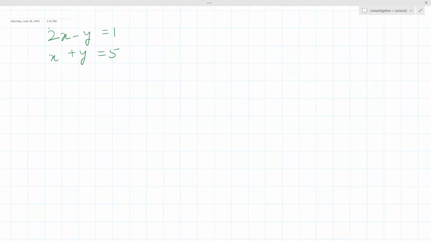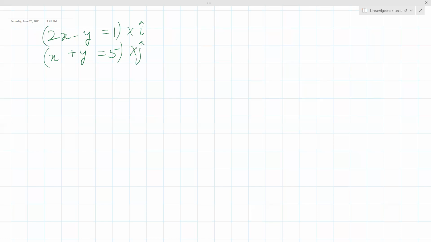So is there anything wrong if I multiply this equation by i cap? i cap is the unit vector in the x direction. No, sir. Okay. Similarly, is there anything wrong if I do this? j cap is the unit vector in the y direction.